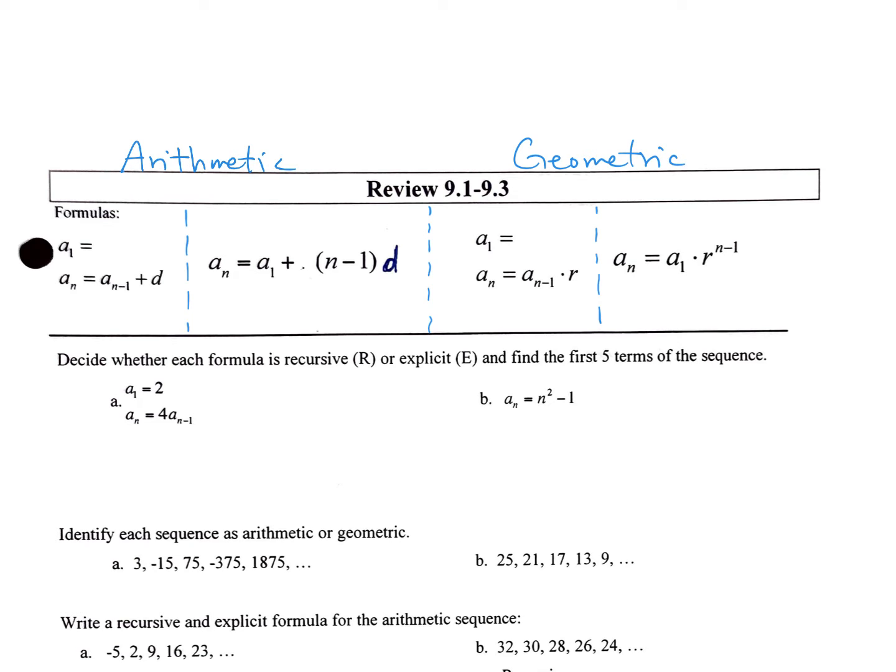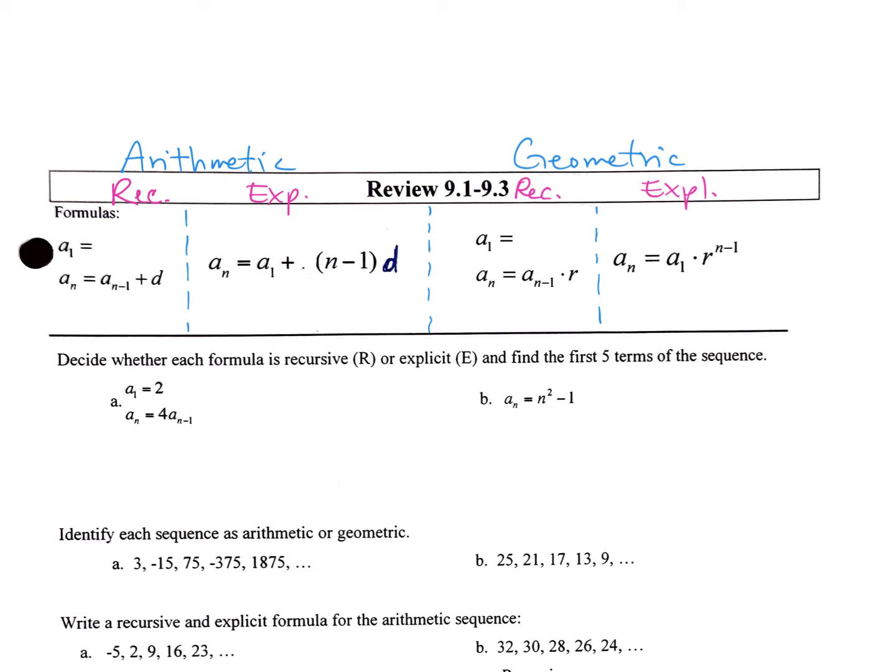And then recursive versus explicit. Which one's the recursive formula? Left or right? The left one, right? This is your recursive. This is your explicit. This is your recursive. And this is your explicit, okay?